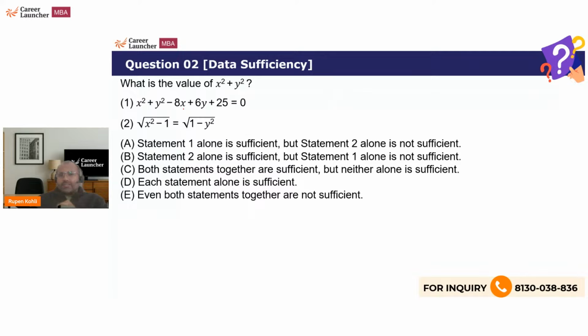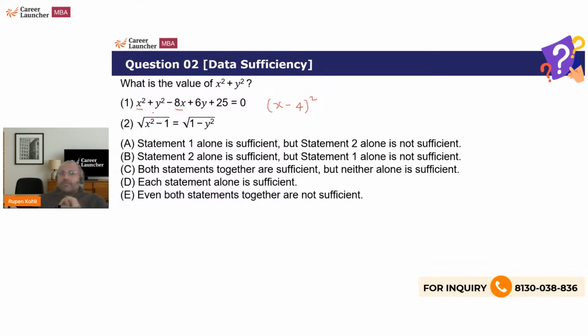But this is a catch question. This is not a very basic question. Because you see 8x and 6y, you know the idea of completing the square. So with equation 1, for x square minus 8x, you will do x minus 4 the whole square. That would take care of x square minus 8x, and plus 16 will come.